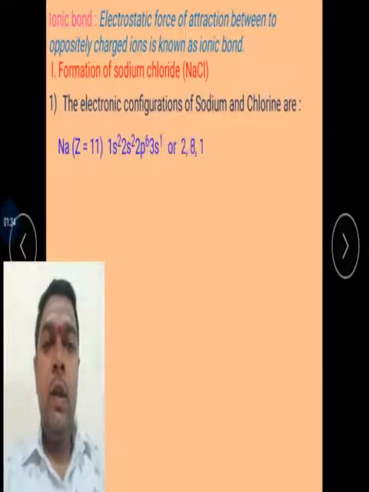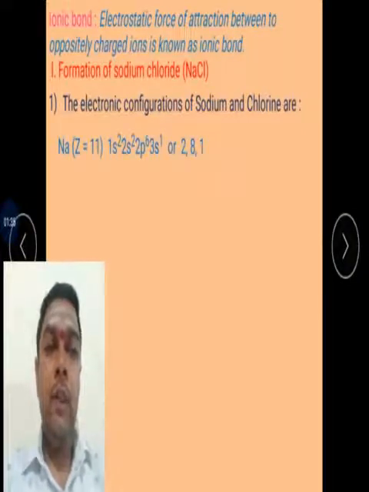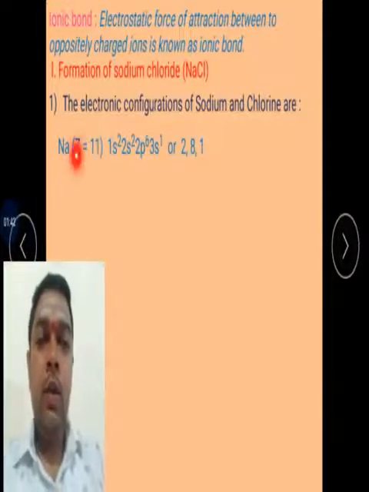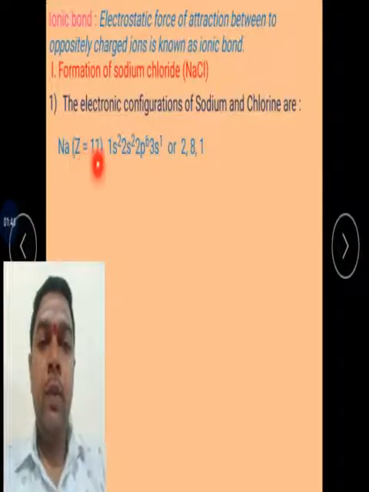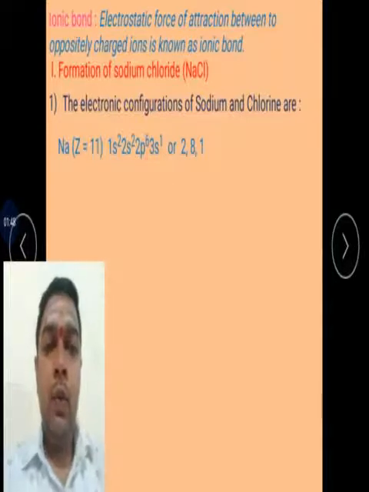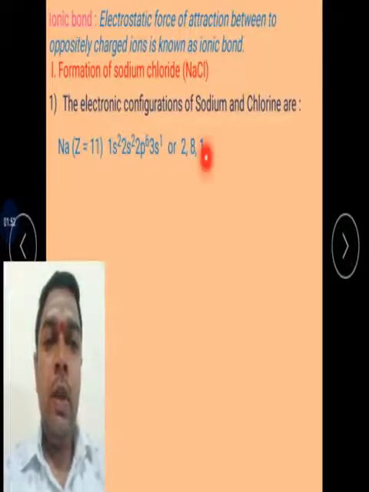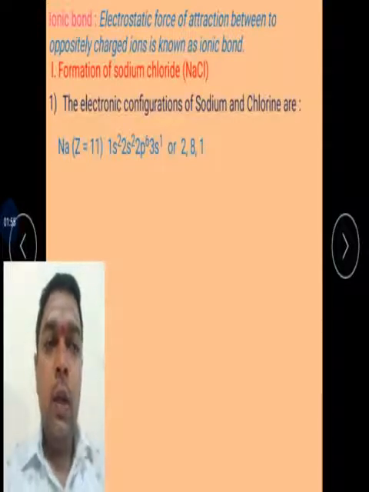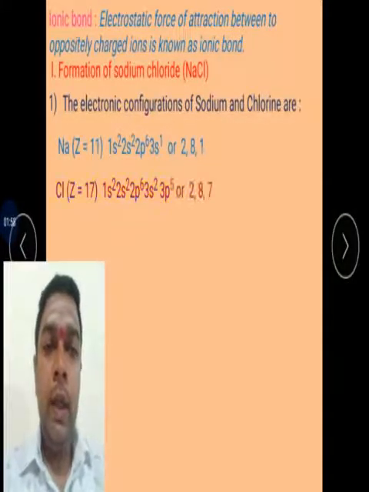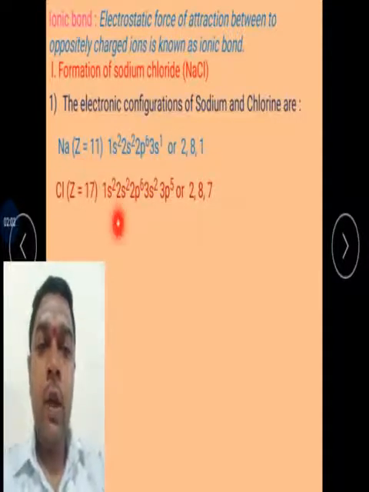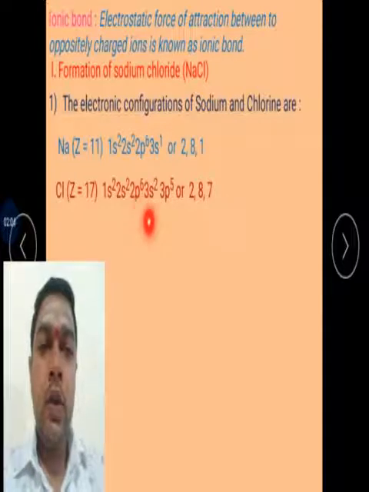The first point is that the electronic configurations of sodium and chlorine are discussed below. The electronic configuration of sodium, atomic number 11, is 1s2, 2s2, 2p6, 3s1. Therefore, the outermost shell of sodium contains only one electron. The electronic configuration of chlorine, atomic number 17, is 1s2, 2s2, 2p6, 3s2, 3p5.